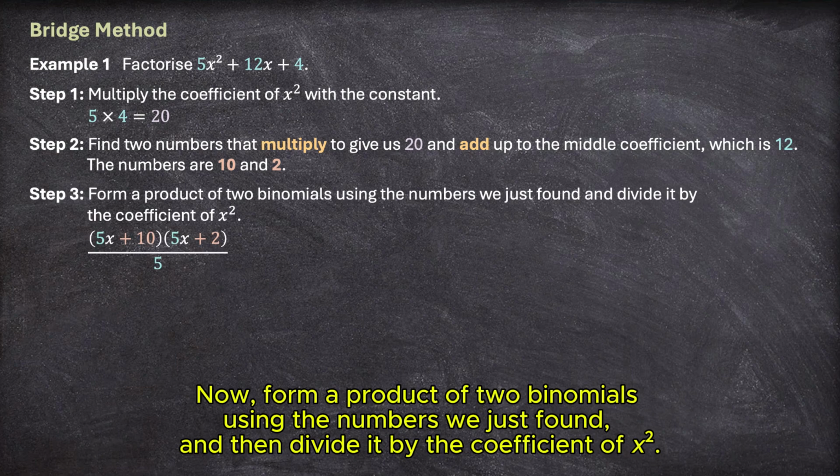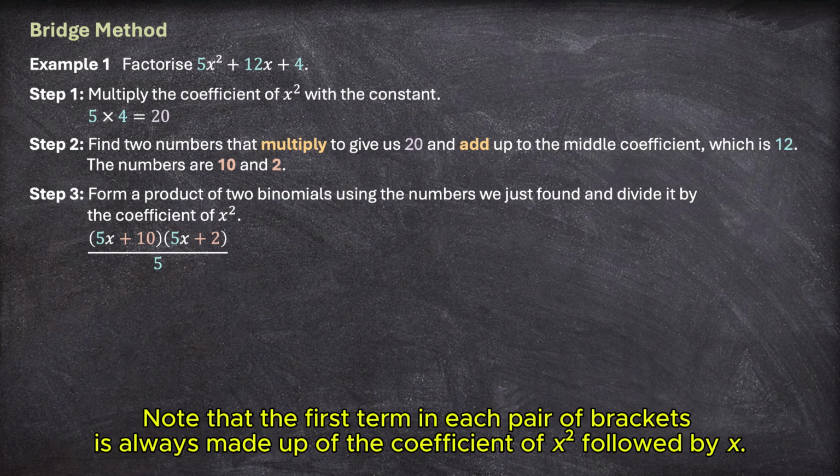Now, form a product of two binomials using the numbers we just found, and then divide it by the coefficient of x squared. Note that the first term in each pair of brackets is always made up of the coefficient of x squared followed by x.